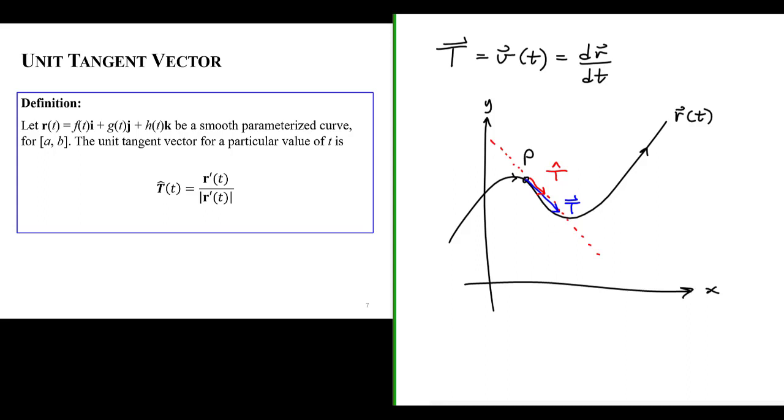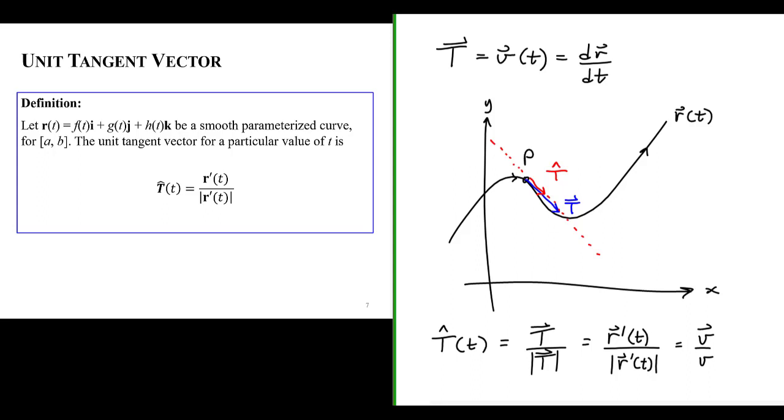The unit tangent vector for a particular value of the parameter t is given by T hat as a function of the parameter t, equal to the T vector divided by the magnitude of our tangent vector, which is just the derivative of our position function with respect to the parameter divided by the magnitude of the derivative of our position function with respect to the parameter, which is simply the velocity of our curve divided by the magnitude of the velocity of our curve.